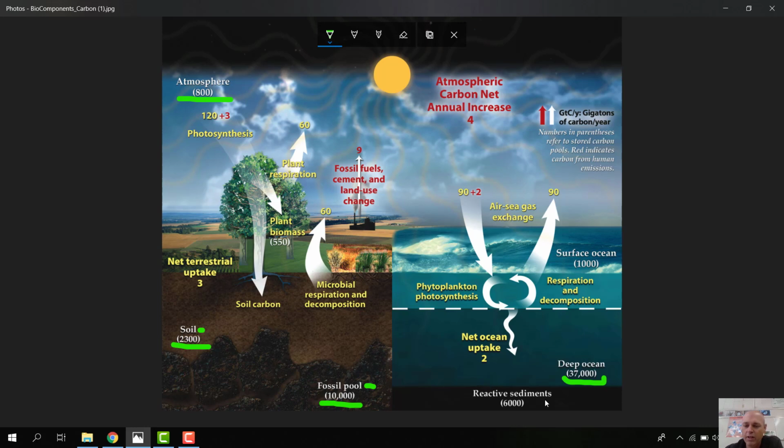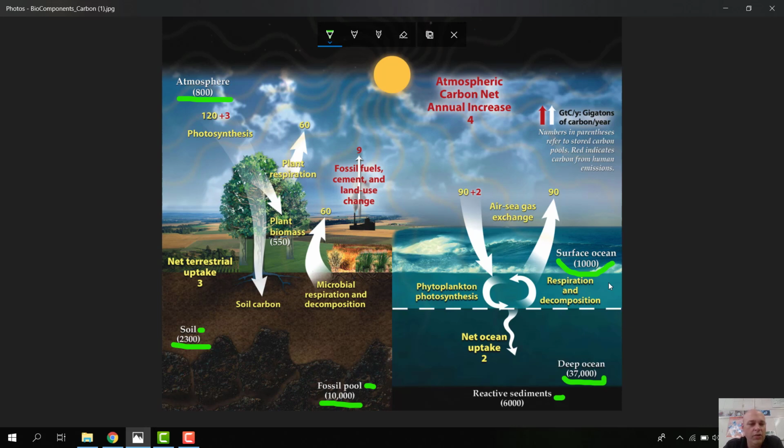And then we have another one down here, reactive sediments. This is all the silt and mud and sediment that has accumulated on the bottom of the ocean floor. Ocean surface right here shows that there's 1,000 gigatons.